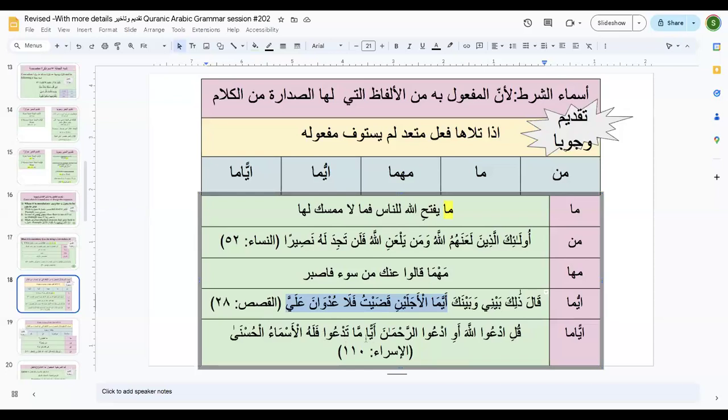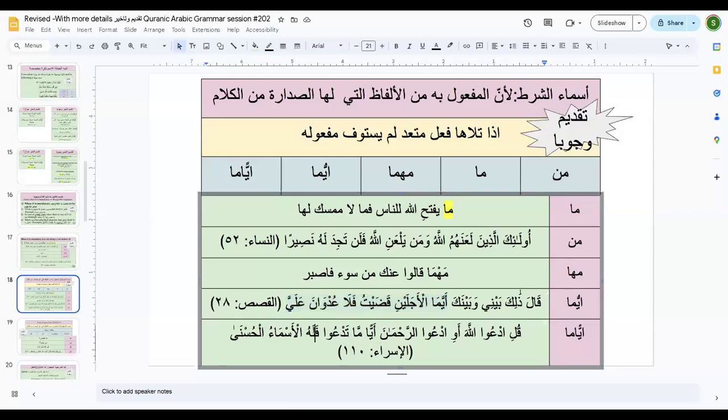Okay, so ayyamma, again, everyone, is going to be maf'ul bihi muqaddam, ma is harf zaida ghair kafa, and tad'u is fi'lu shart jazim, right? And falahul asma'ul husna is going to be jawabu shart.